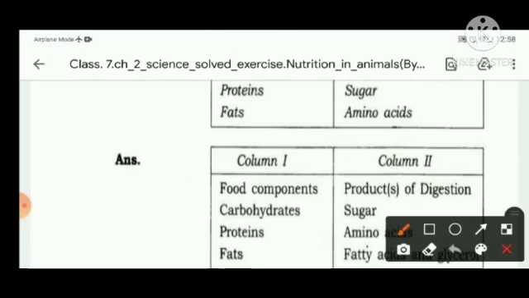Proteins change into amino acid. Fats change into fatty acids and glycerol.